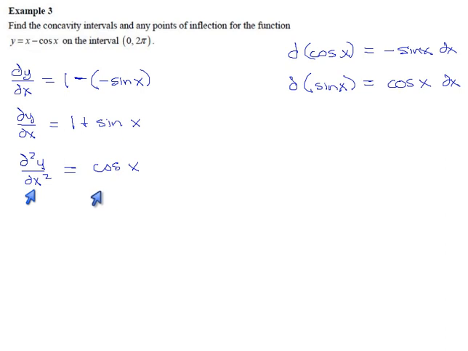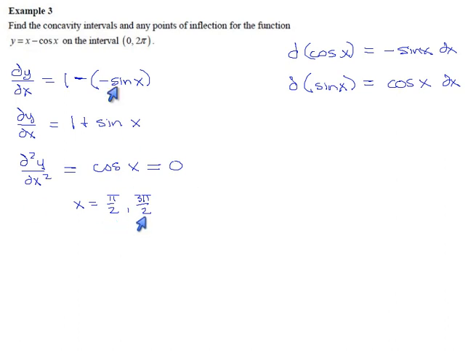And if we want to find critical values, or interesting values, for the second derivative, we want to know where is it undefined. The answer is never. Cosine is defined everywhere. And we want to know where is it 0? Well, cosine is 0 a whole bunch of places, including pi by 2, or 90 degrees, 3 pi by 2, or 270 degrees, 5 pi by 2, 7 pi by 2, and so forth.